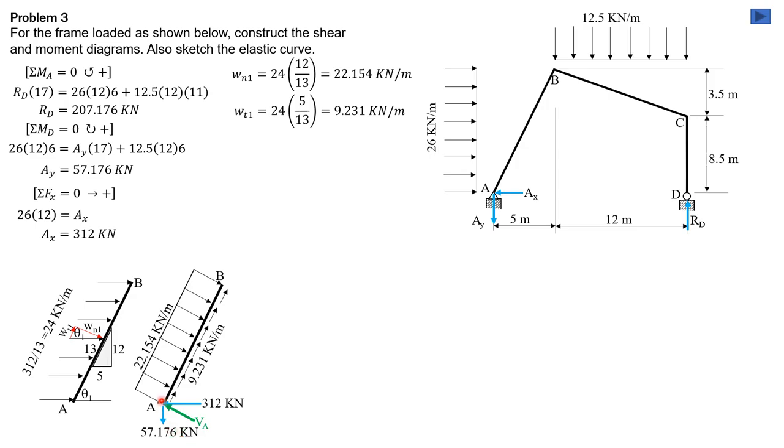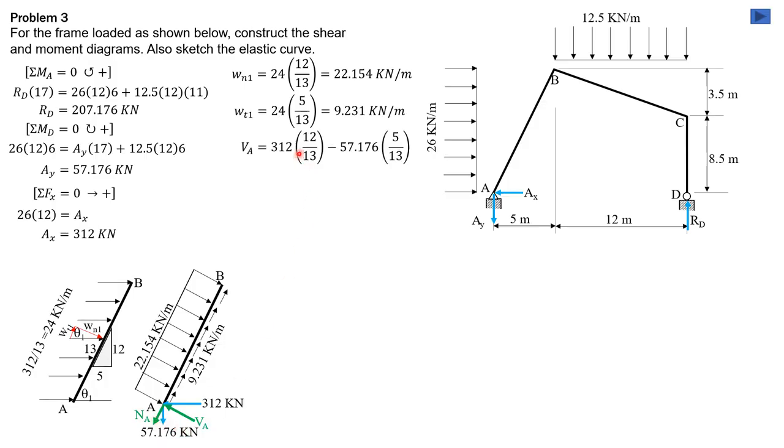Then because 57.176 is downward, its component would be normal, and the tangential is opposite to this direction. So it is going to the right, the tangential component. So 312 times 12 over 13 minus 57.176 times 5 over 13. This is the component of 57.176.